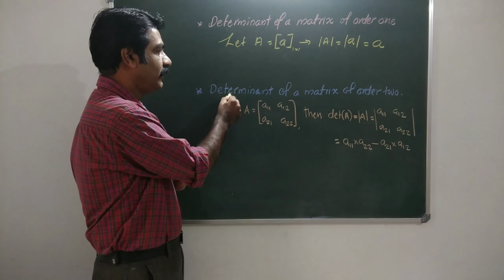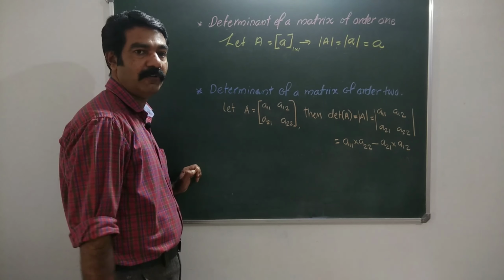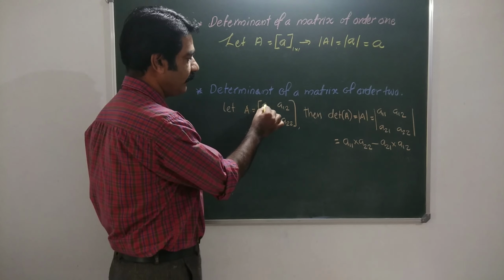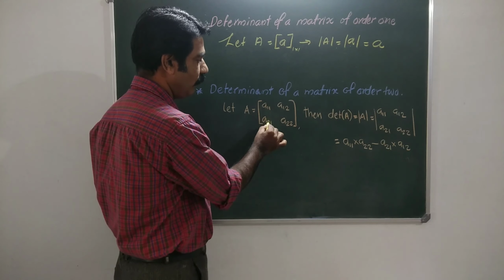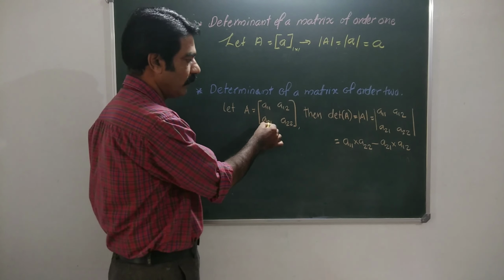Now, determinant of a matrix of order 2. See, let A be equal to matrix a11, a12, a21, a22. It is a 2 by 2 matrix, a square matrix of order 2.